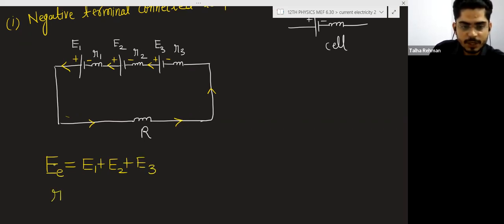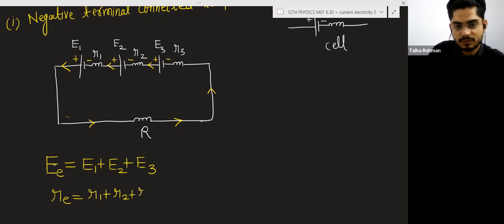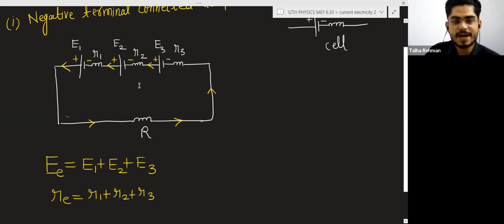And for the equivalent internal resistance, we will add all the resistances. If we have n number of cells connected, then we will add the EMF n times and add the internal resistance n times.